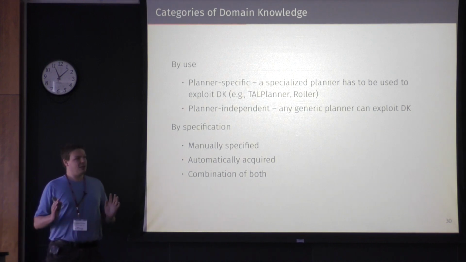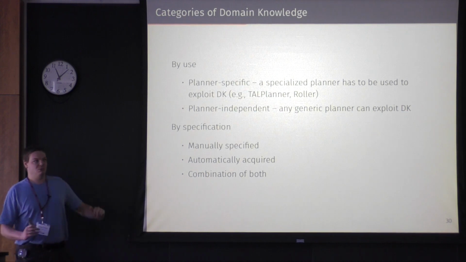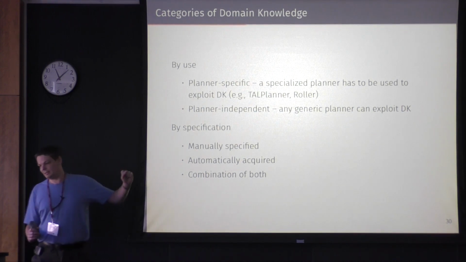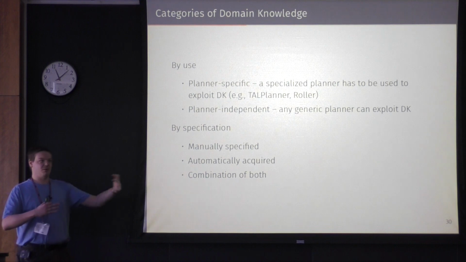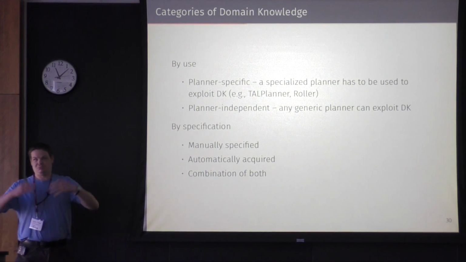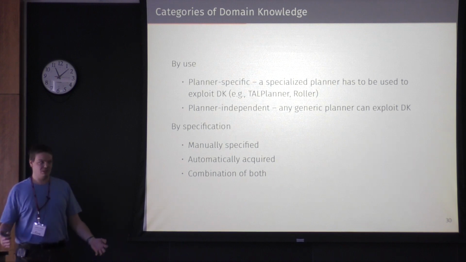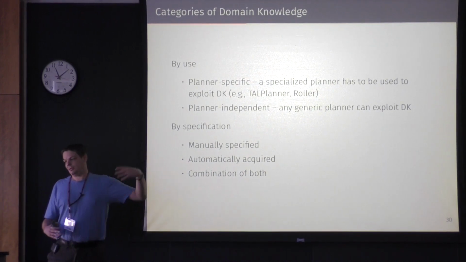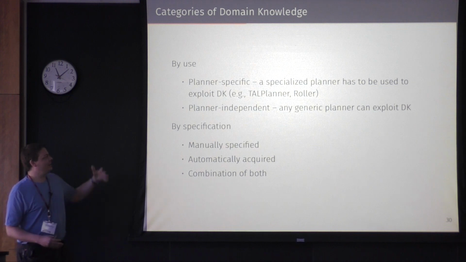But for planner specific, you need a specific planner, for instance, a planner that somehow can accept the domain model and that domain knowledge and use it in order to provide a plan, right?